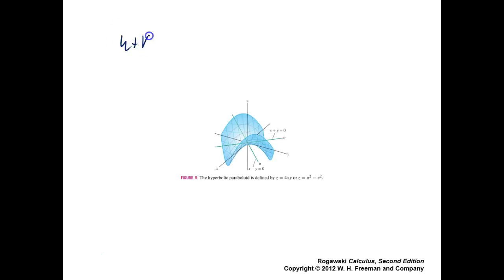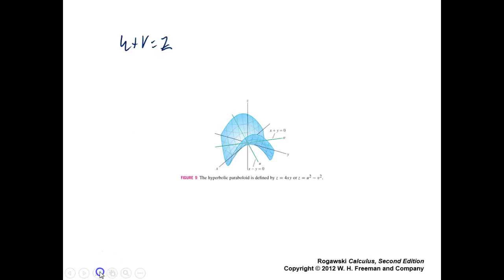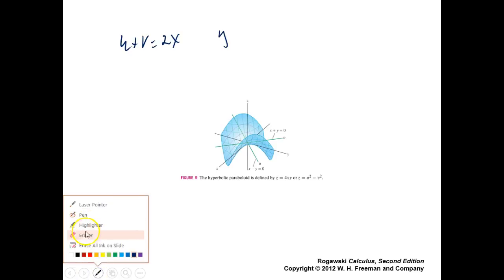U plus v is equal to 2x, sorry, I was looking at the wrong thing. I've got to say u and write y, because I was thinking y, that's where I'm heading.